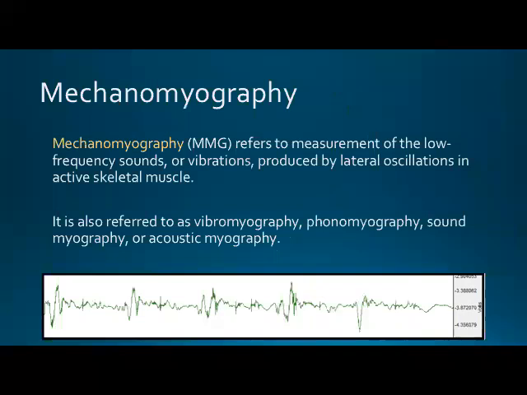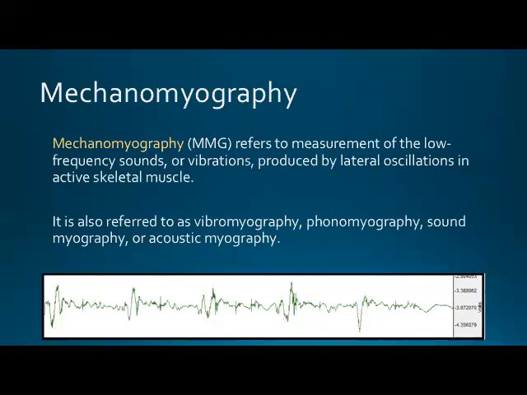So EMG is our electrical signal. MMG is going to be the mechanical counterpart of EMG. Where EMG is picking up action potentials, changes in electrical current going down the muscle fiber, MMG is picking up the sound of those oscillations. So when myosin is binding actin, it causes a sound, and MMG can pick that sound up, right?